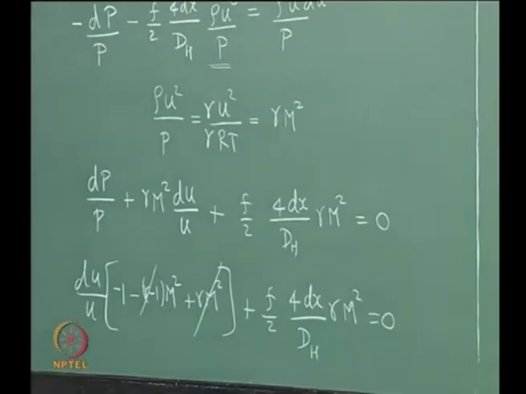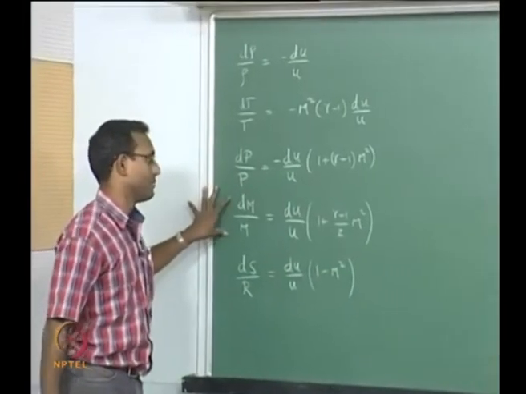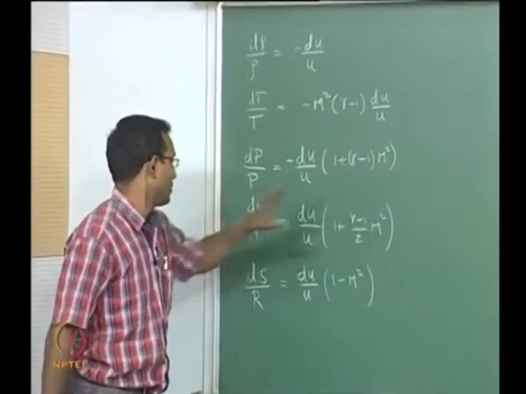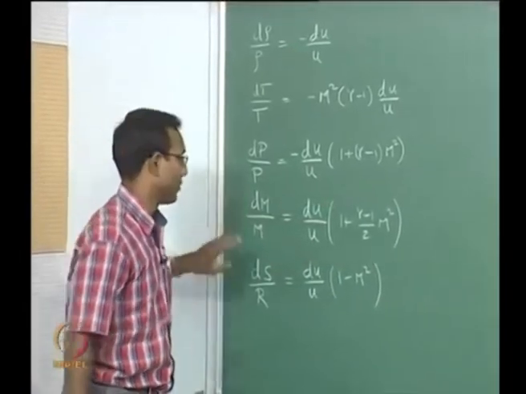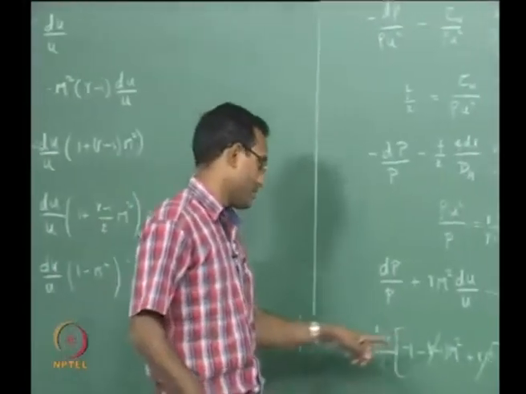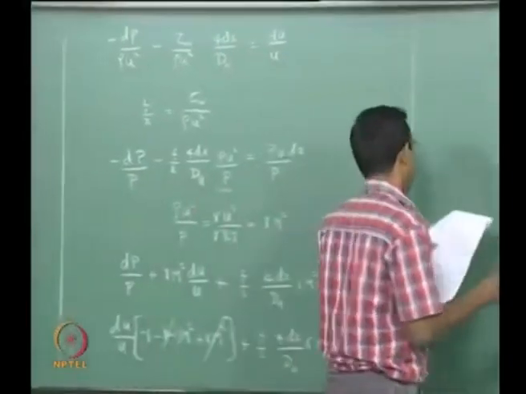Now I will go look at here, du by u can be written in terms of dM by M if I take this bracket to the other side. So I will put that expression inside here along with this M square minus 1, write the whole thing here.